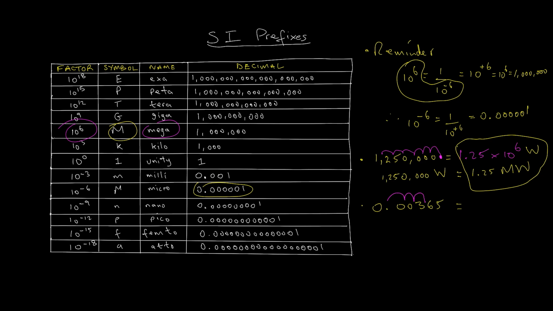That will do, because that gives 3.65. 3.65 times 10 to the what? Well, I'm moving the point to the right, and when you move the point to the right, the power is going to be negative. I moved it 3 places, so that's going to be -3. And if there are watts or volts involved, then you put the SI unit in at the end.